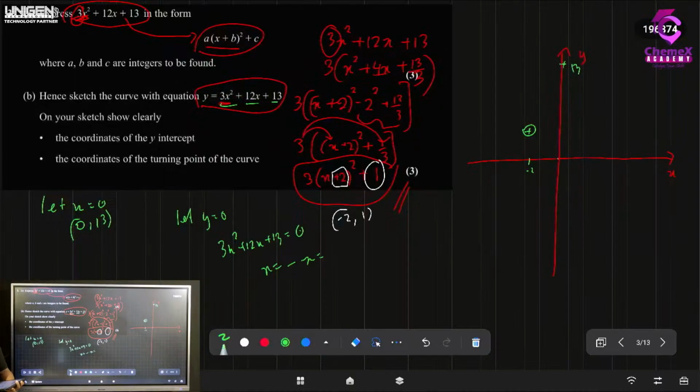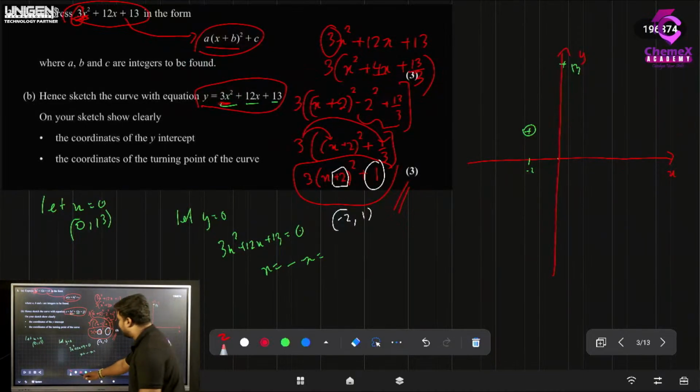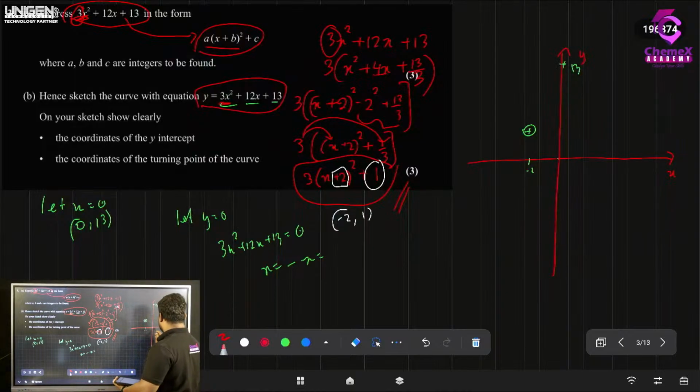What are the answers? You get error. Huh? What does that mean if you get error? It never touches this axis. If you get error, it means it never touches this axis.